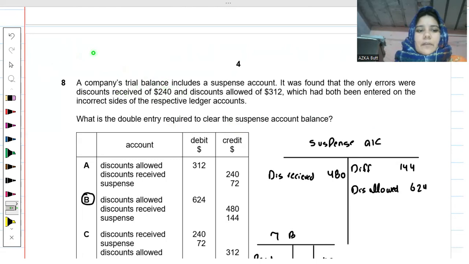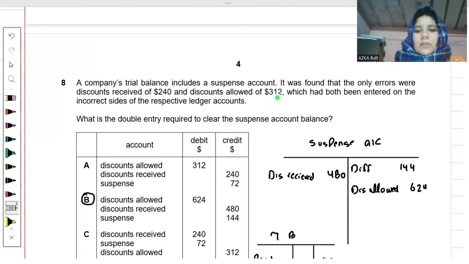Because if you mistakenly debit the 240 and now you are crediting the 240, it will be cancelled out. So that is why we have to credit it by the double amount. So in the suspense account, discount received is credit and suspense would be debit by the $480.